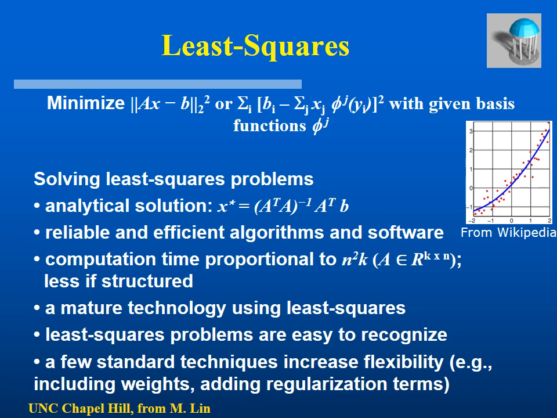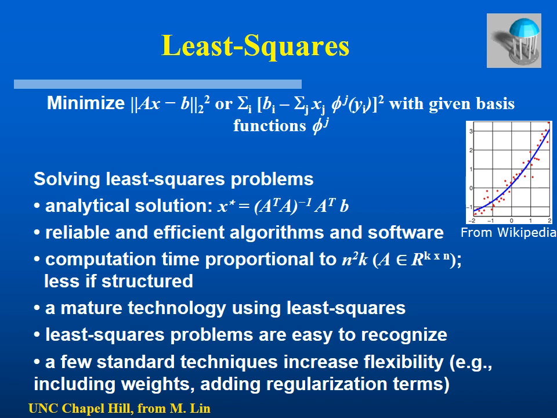Both of these problems that we have talked about, the Ax minus b differences squared, or the b minus the polynomial value difference squared, have the same form. That you want to minimize the sum of square differences over the values xj, which are, in the second problem, the coefficients.